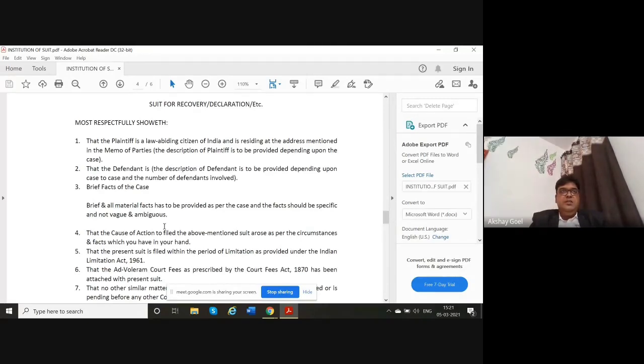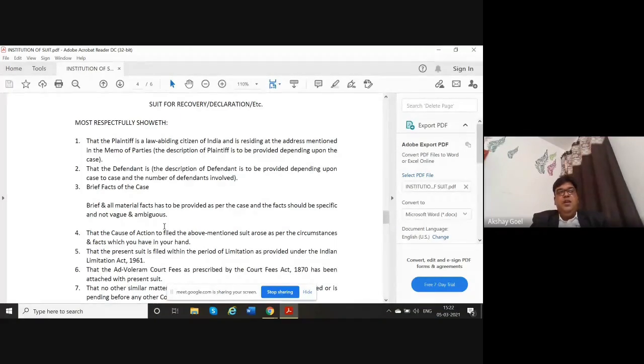Like in a suit for recovery, the first fact would be that the defendant approached the plaintiff to sell a certain product and took money from him for selling those products. You need to mention all the things, like what invoices were issued, and if a part payment was made, what the part payment was and how it was made, whatever the case may be. It should be specific.